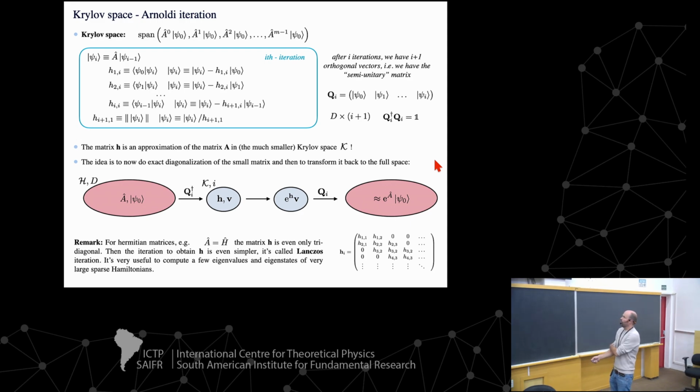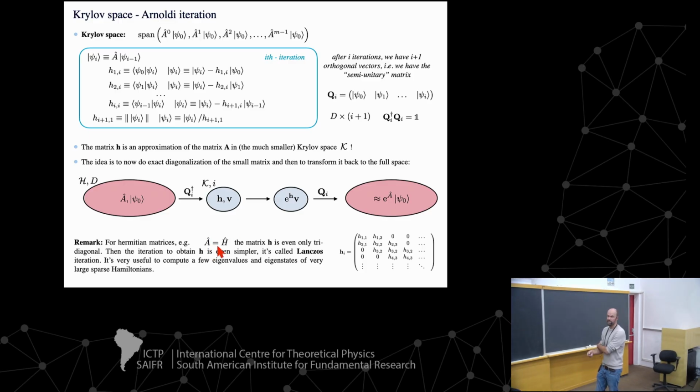One little remark at this point. For time evolution, our matrix A is going to be minus imaginary time multiplied with the Hamiltonian. If I choose this matrix A to be the Hamiltonian itself, then the matrix is much simpler. It has the so-called tri-diagonal form, so only the diagonal and the upper and lower diagonals are filled and everything else is 0.